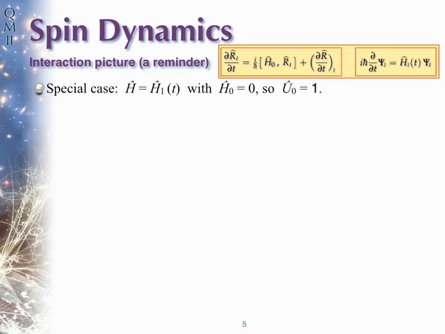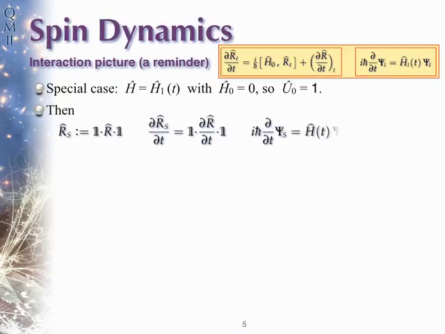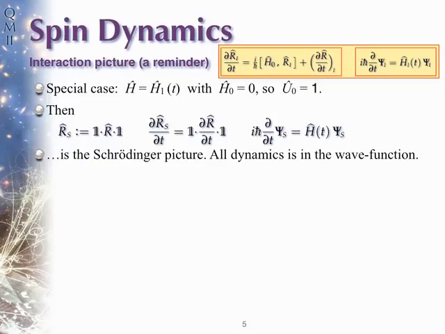So putting this pair of formulas up there in the corner, look at the following special case. Suppose H0 was in fact 0. In other words, all of the Hamiltonian was interesting in our opinion. Then that unitary operator U0 would just be the identity operator. Well, with that choice, the operator R, now transformed by the identity operator, of course, is unchanged.